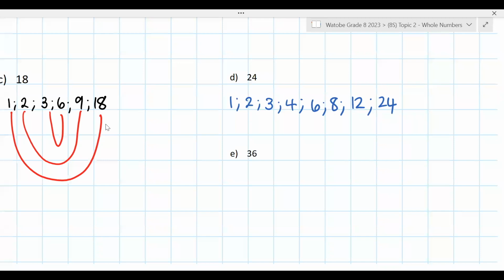Fantastic. Well done. So, guys, very nice. So 1, 2, 3, 4, 6, 8, 12, 24. Again, match your pairs up. 1 times 24 is 24, 2 times 12, etc. Well done, Motabang. Very nice.